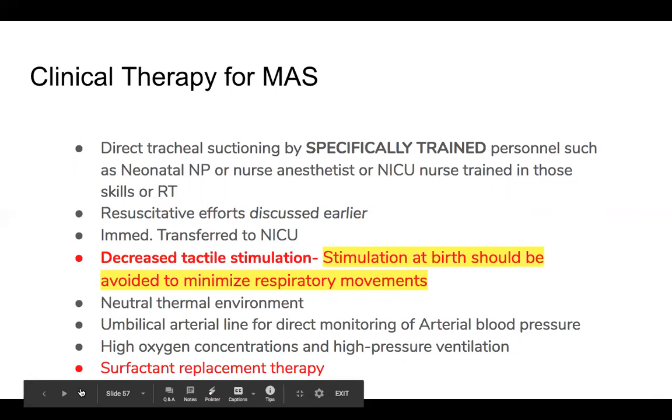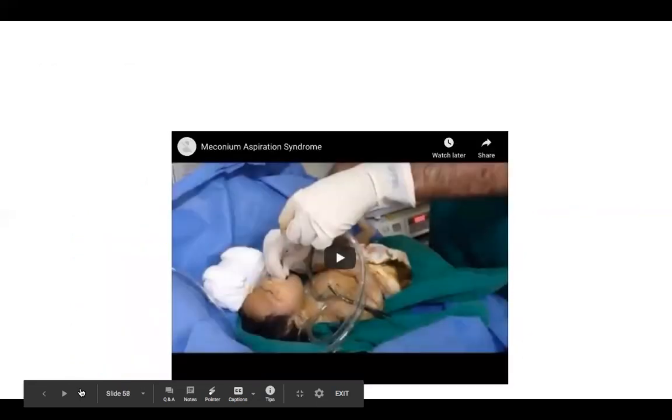They may need to do an umbilical arterial line for monitoring of ABGs, administration of oxygen, administration of surfactant, because a lot of times the meconium aspiration syndrome kind of inactivates the surfactant, so they may need to administer that as well. And obviously, if they're administering the surfactant, they're doing it via ET tube.